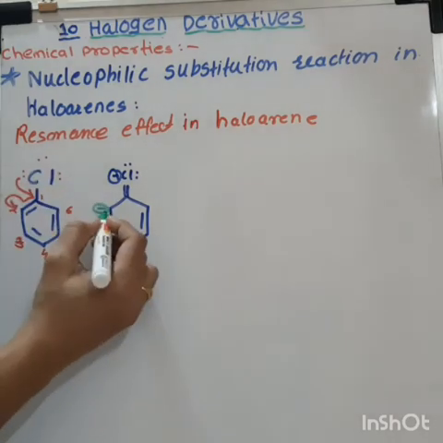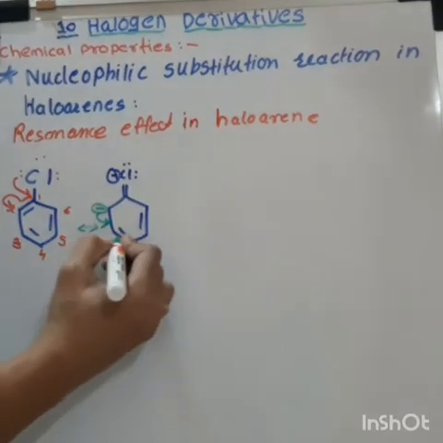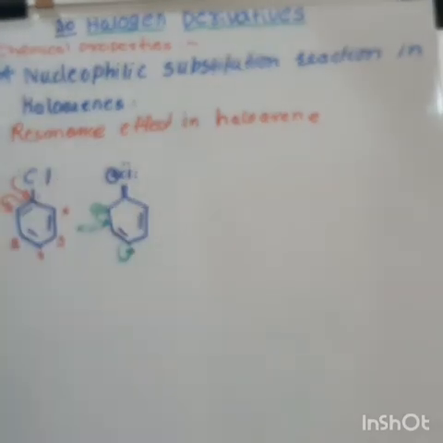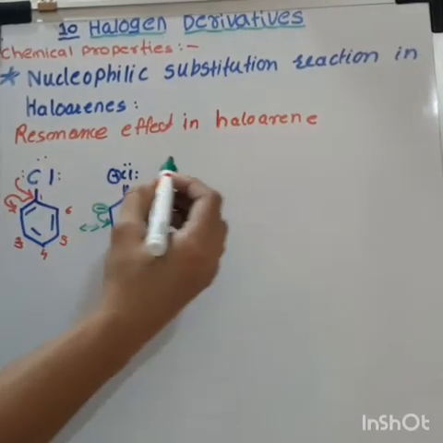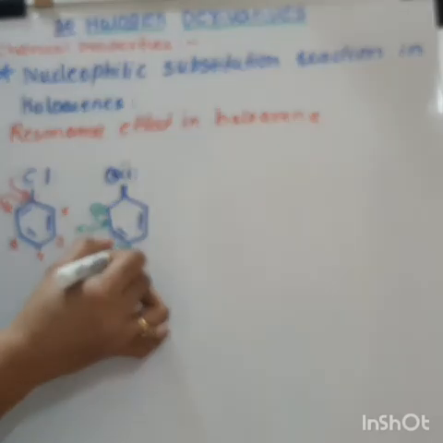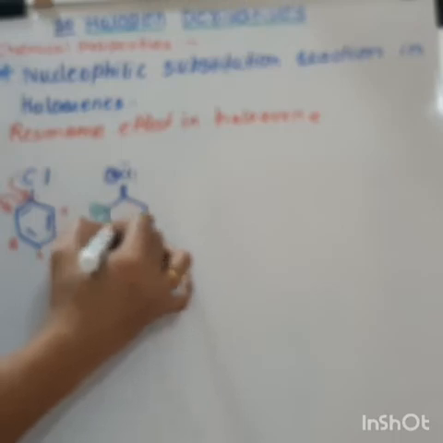So there is a negative charge on this carbon. This charge will again transfer its electrons to the next carbon atom, and now this bond will break and the electrons will be transferred to the next carbon atom. So the negative charge will transfer from carbon atom number 2 to carbon atom number 4 as this bond breaks, and there will be a double bond formation between carbon number 2 and 3.